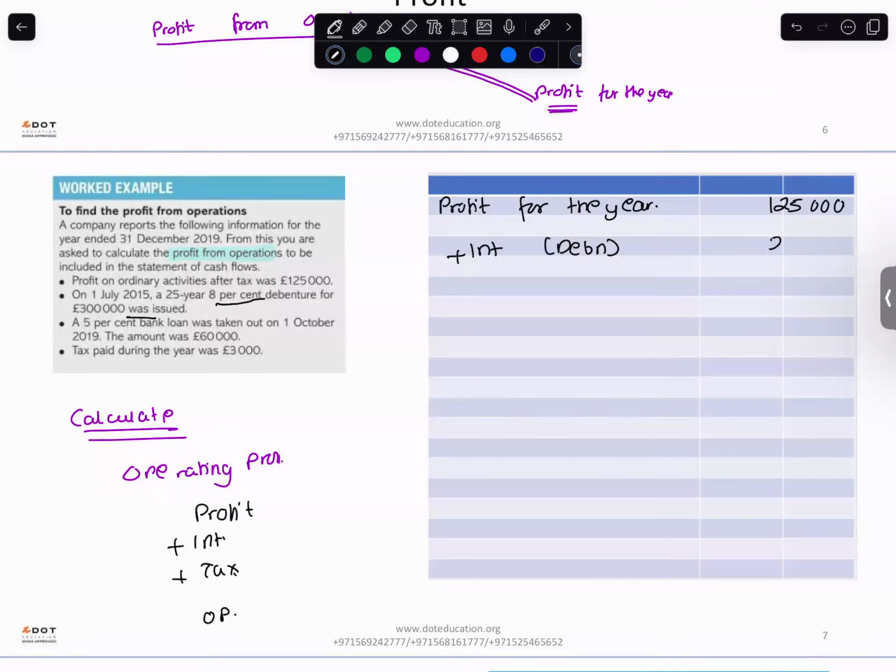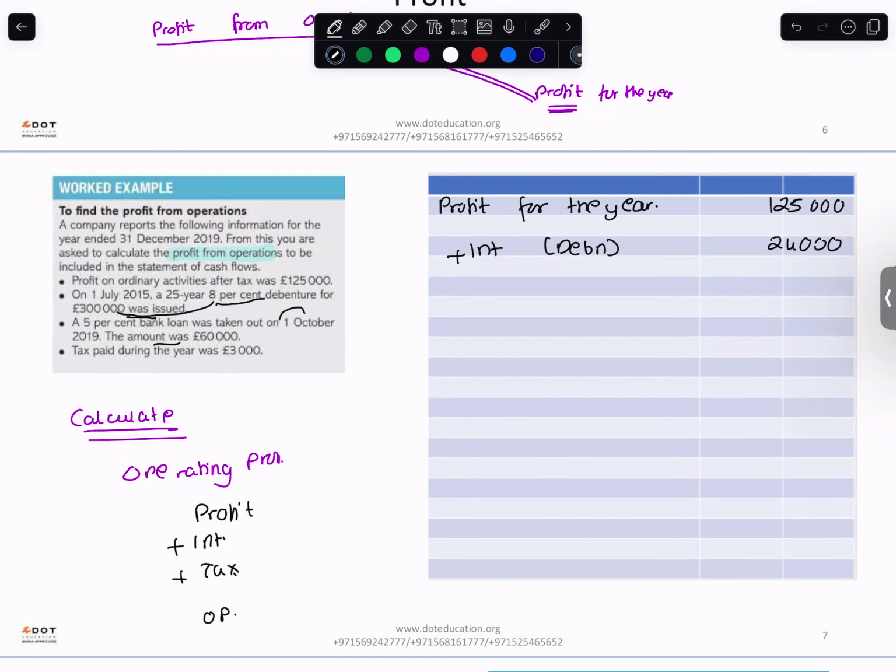How much? 24,000. Yes, 8% on 300,000 is 24,000.